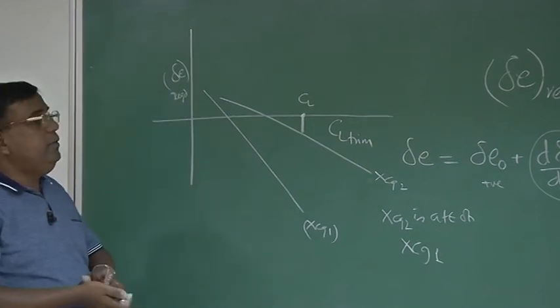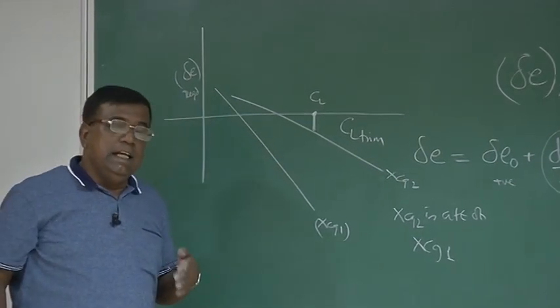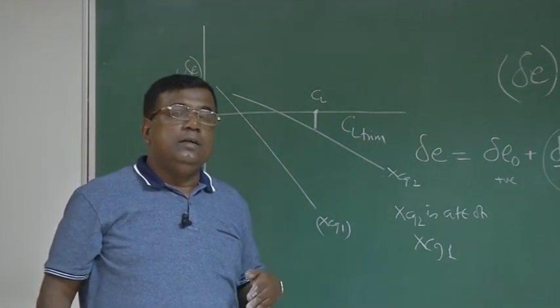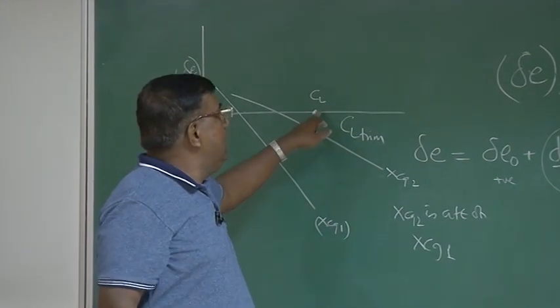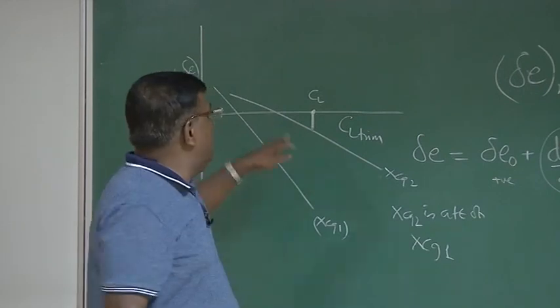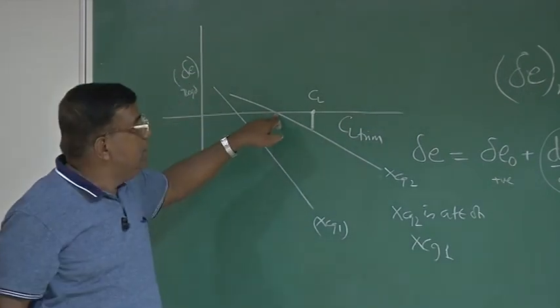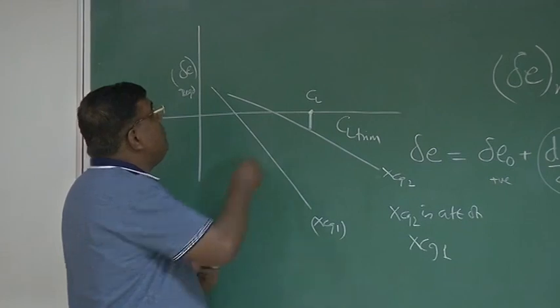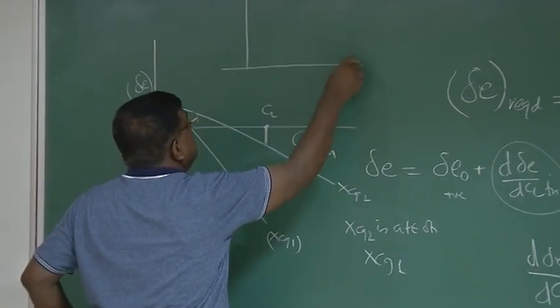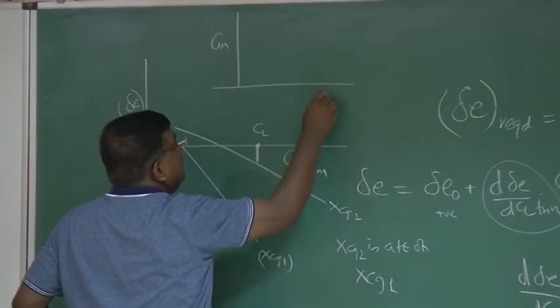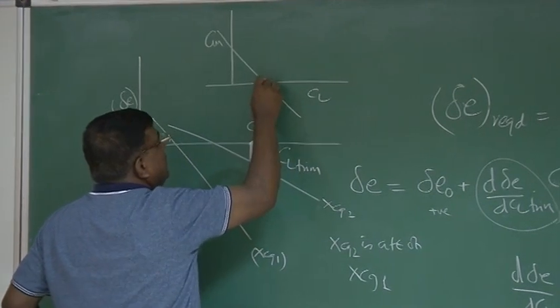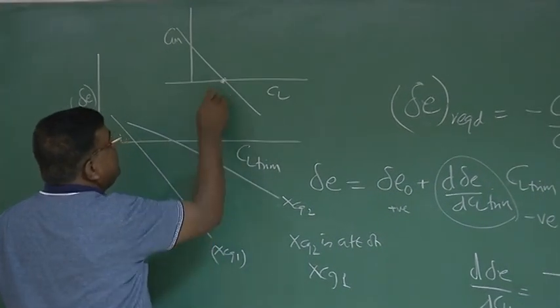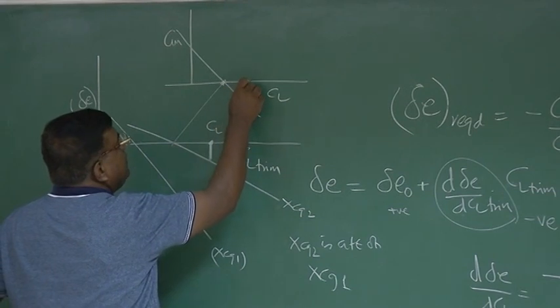Now think yourself, if I am changing CL to a new CL, which is more than the CL where you are actually flying, then in the CM versus CL graph you have to connect it. Then you will understand very well. CM versus CL graph is like this. So this point is this point. Now you want to fly at some other point.